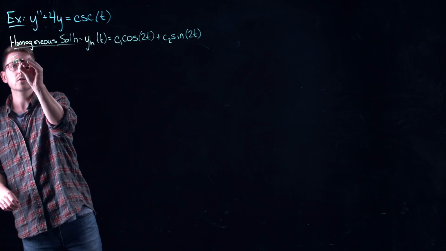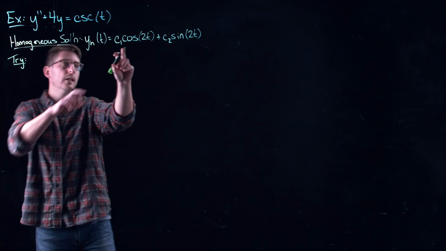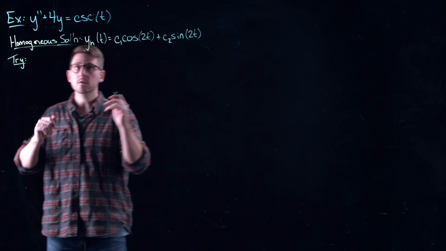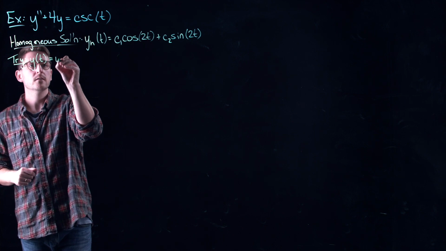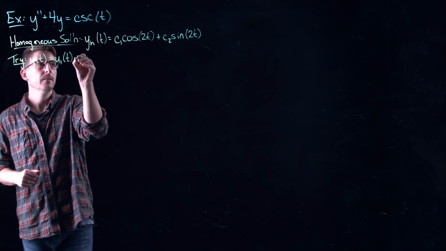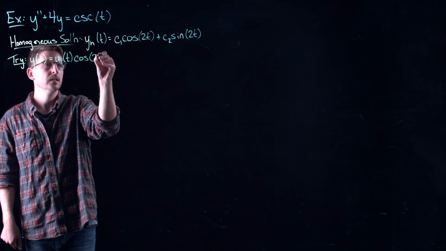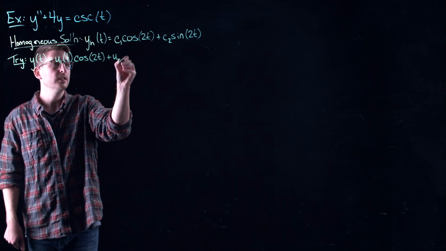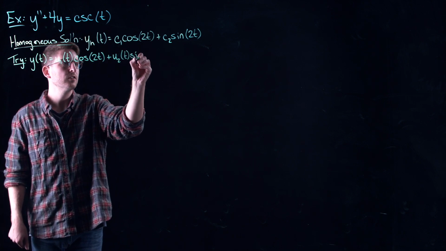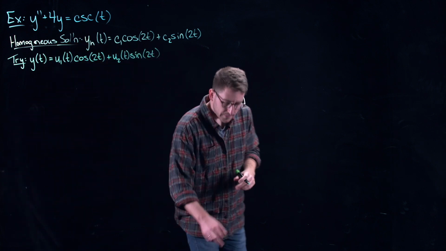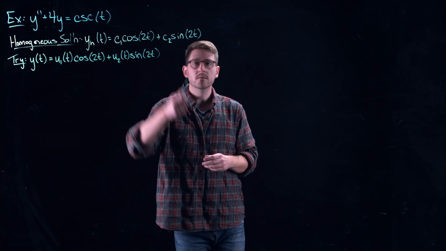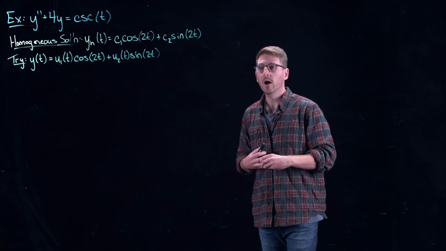The way that we're going to do this is we're going to let c1 and c2 be functions of t. So y of t is u1 of t cos of 2t plus u2 of t sine of 2t. I am taking the homogeneous solution and letting the constants vary as functions of time as well.